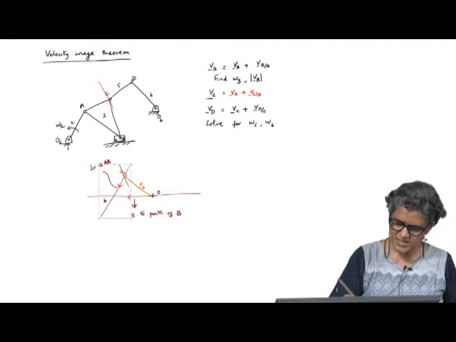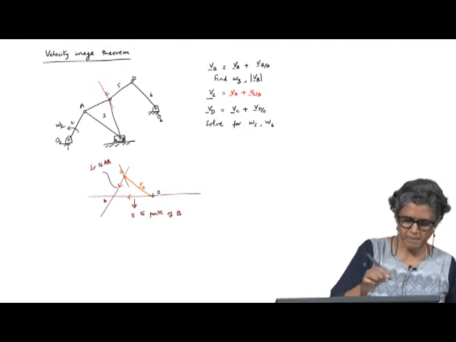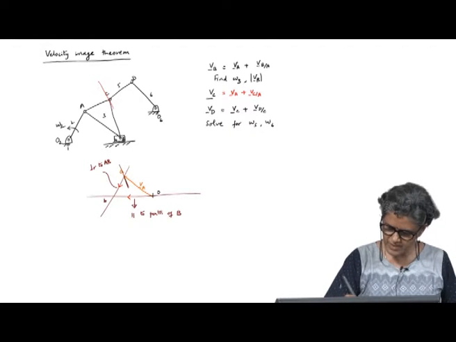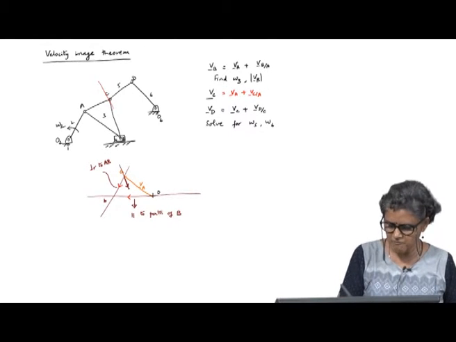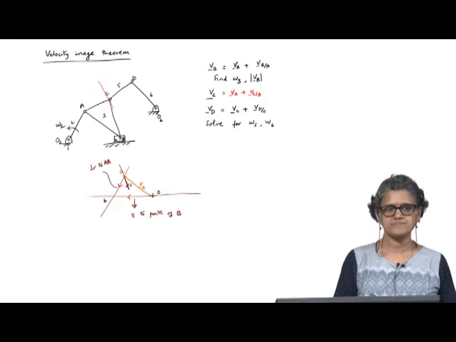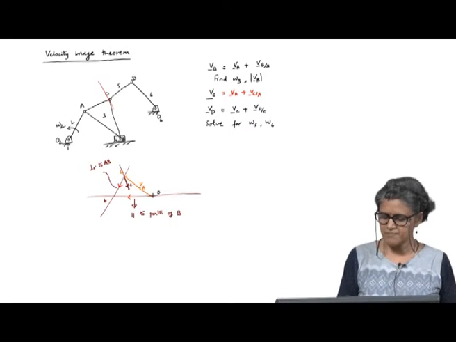So, I would just construct that vector like this, okay, to give me point C. Yeah.